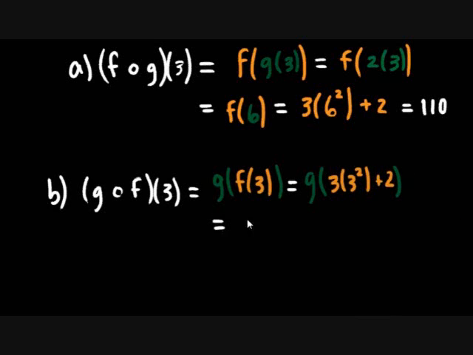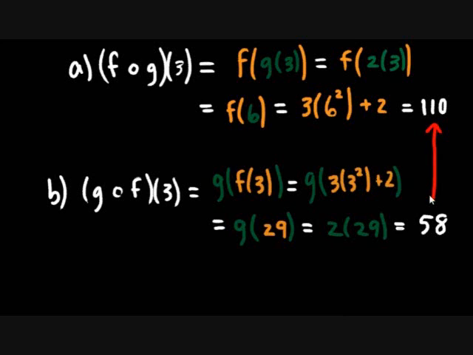And that gives us 27 plus 2, which is 29. So we have g of 29. Well, what's g of x? It's just 2 times whatever we're putting in, which is x. So 2 times 29 is 58. So not too hard, but you have to be aware of what order your functions are, because it does make a difference. They're usually not the same thing, f of g and then g of f.